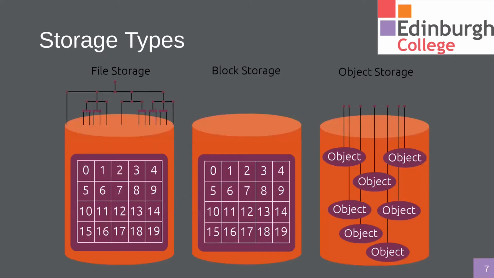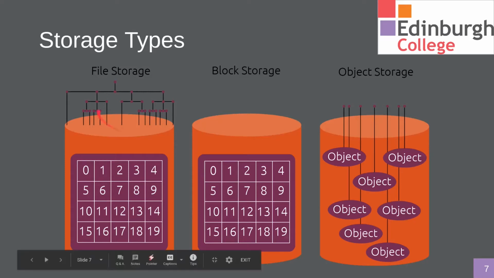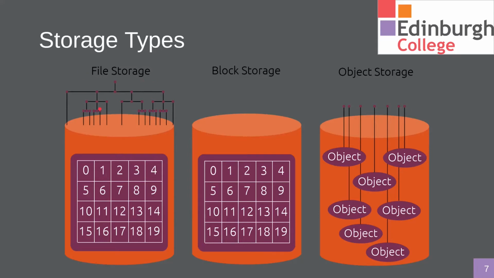So here's a graphic that represents these three types of storage. So here we have file storage, okay, network attached storage. Actually, you can see that we have a hierarchy of folders here. Okay, so you might have my films here, my movies, and you might have action movies, cartoons, anime, some other genre, romantic comedies over here, and then in your romantic comedies you might have subcategorized them into different levels of emotion and so on.